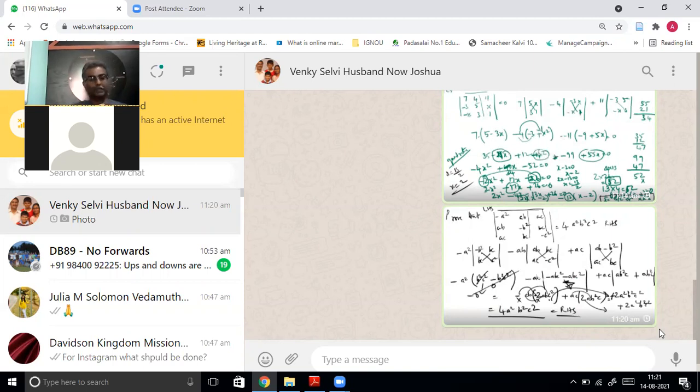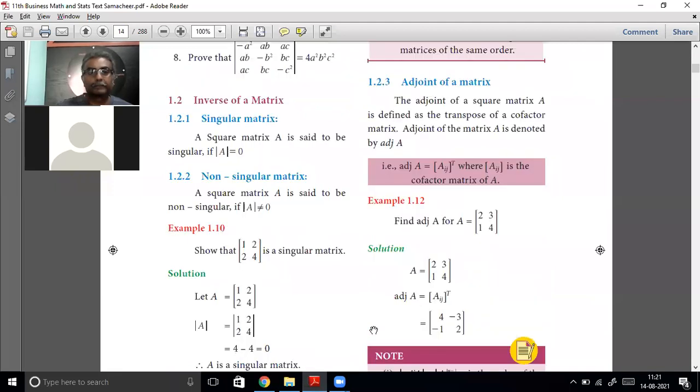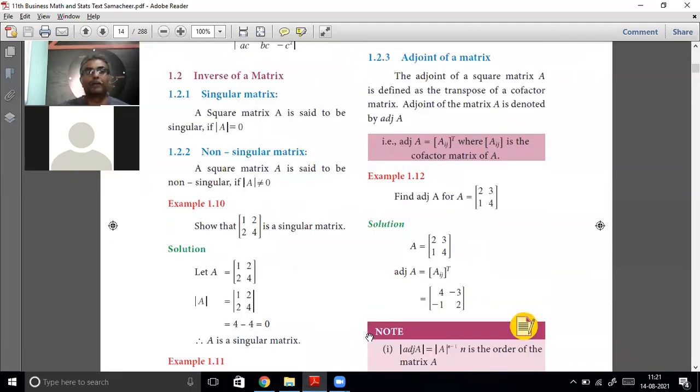Okay, let us move on to inverse of a matrix. That is a very interesting thing. A matrix will have an inverse only if it is a non-singular matrix. A singular matrix will not have an inverse. What is a singular matrix? What is a non-singular matrix?